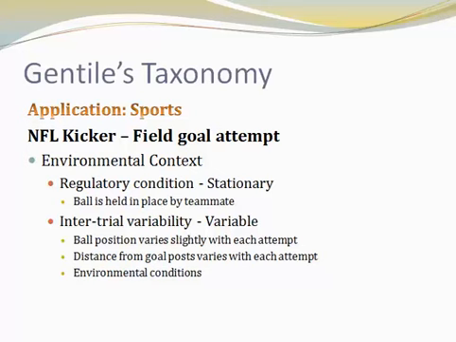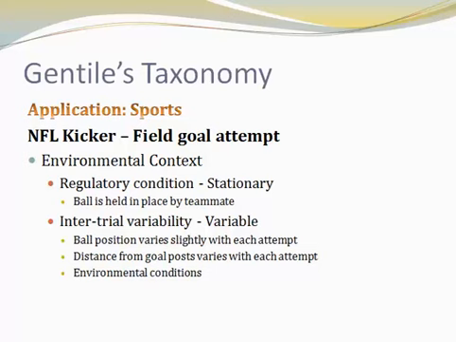Now, in terms of intertrial variability, we see that there is variation in this case, because even though the ball is held in position by a teammate before the kicker makes contact with the ball, there can be some variation in terms of where the ball is positioned exactly between successive attempts. Of course, other sources of variability between trials would be the distance from the goal posts that the athlete has to kick the ball, and of course environmental conditions.